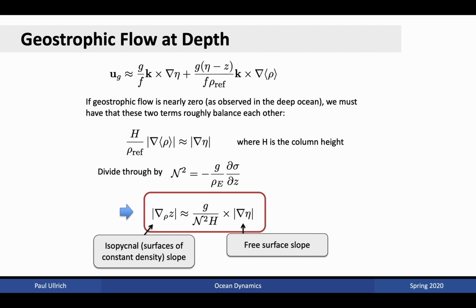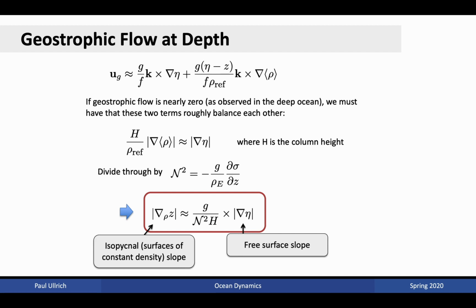Consequently, it must be the case that these two terms approximately balance each other in practice. If this is the case, namely if the geostrophic flow at depth is nearly zero and the two terms approximately balance each other, then we must have, by taking the magnitude of these two terms, that the height of the column divided by the reference density times the magnitude of the horizontal variations in the mean layer density must be approximately equal to the magnitude of the horizontal variations in the free surface height.